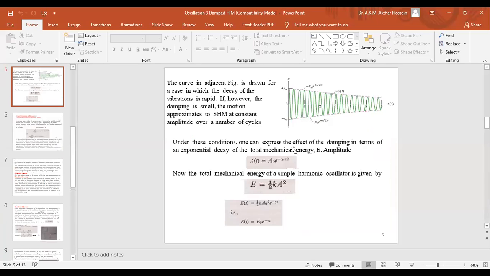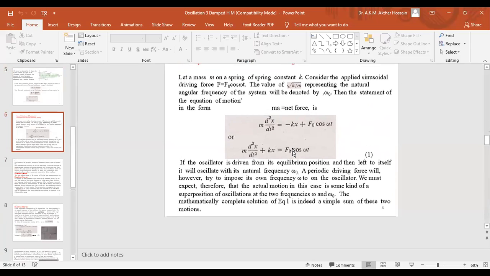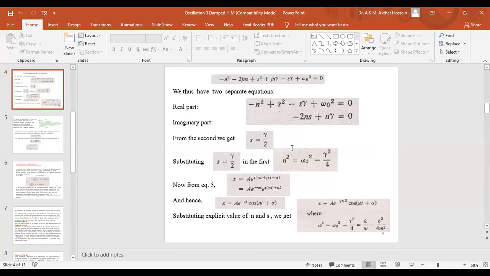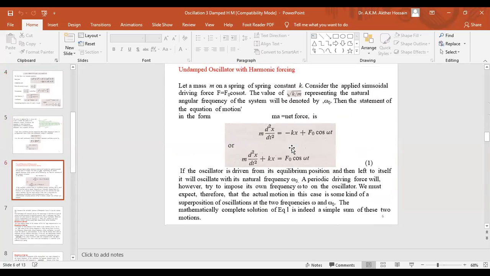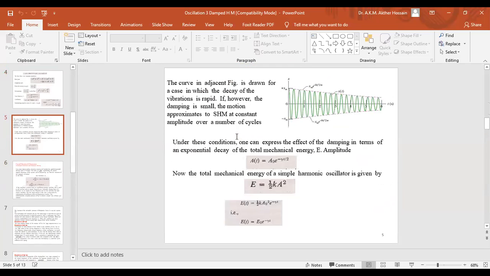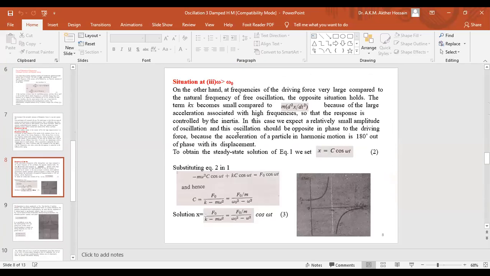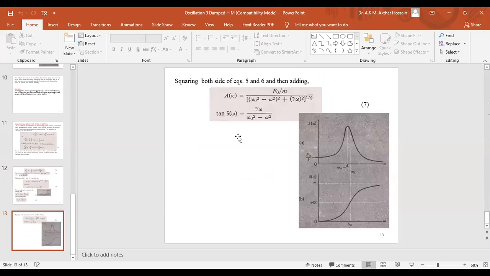So today we have studied the damped harmonic oscillator. We also need to study forced vibration, forced oscillations.